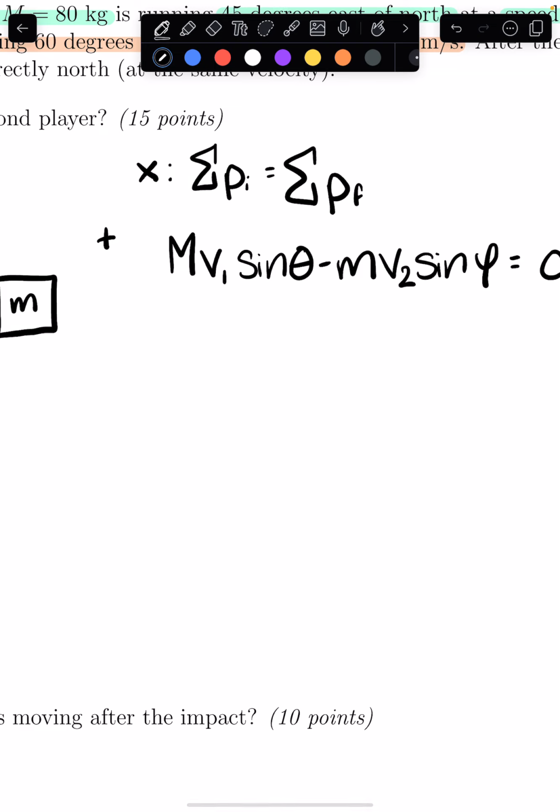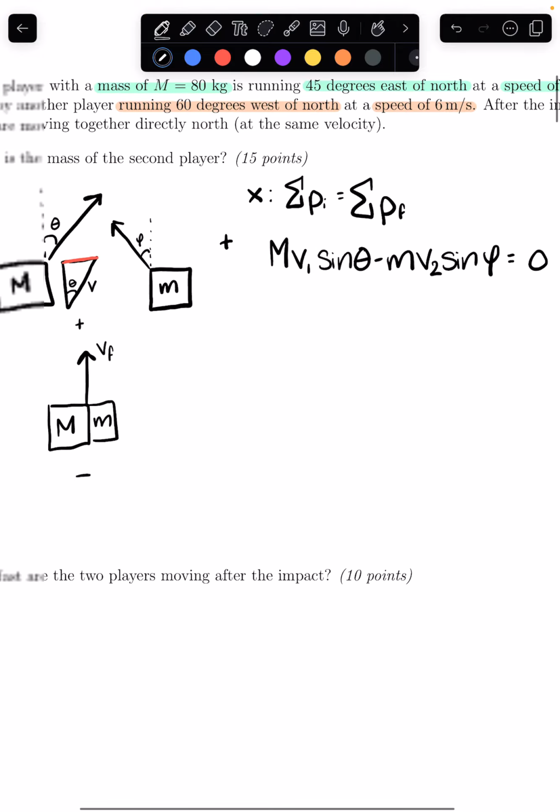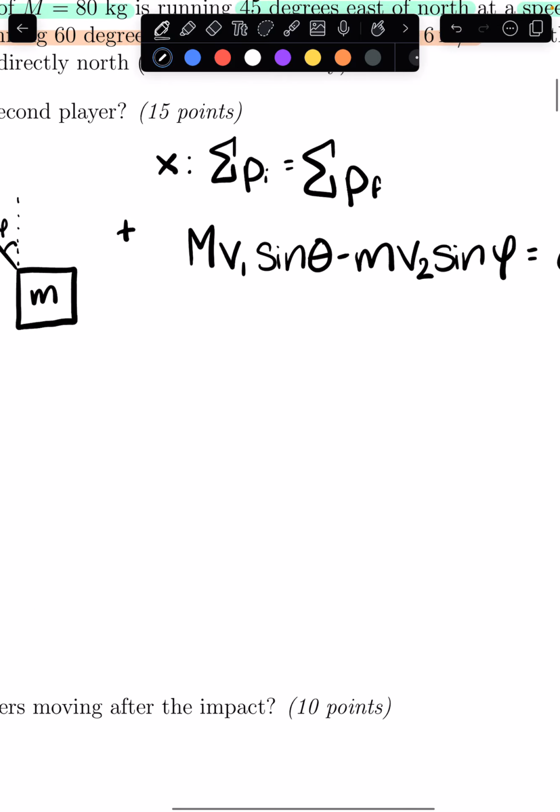And this is all we need to get our first solution because we don't need to look at the y right now since there's only one unknown in this equation. So we can rearrange our equation and substitute everything in. We're trying to solve for our little m.